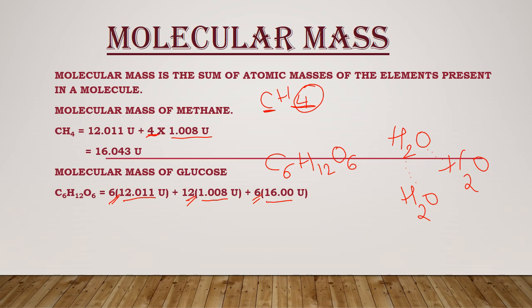So once we find the products, we add them up and we get the molecular mass of glucose, which is 180.162. Now this is the molecular mass of glucose, which is rounded off to 180. Similarly here, we round off the molecular mass of methane to be 16 U. U stands for unified mass.